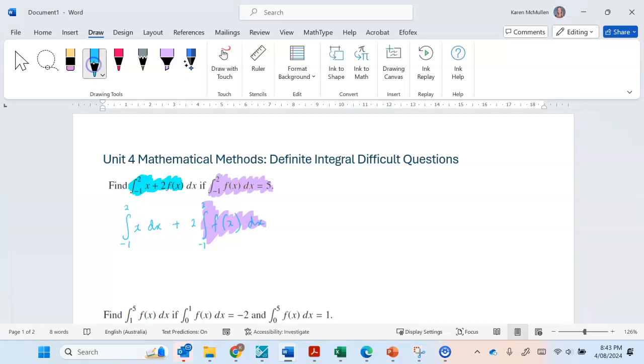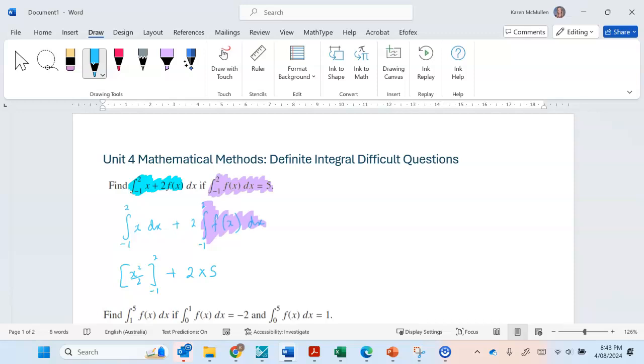Remember, that is our aim. Your first definite integral, because we're not using function notation there, it's just x, we can find the antiderivative of x, which is x squared on 2, going from -1 to 2. And then the purple part in the question told us that it was equal to 5, so we still have that 2 out the front, and we've got 2 times 5.